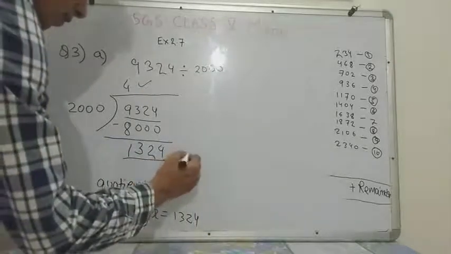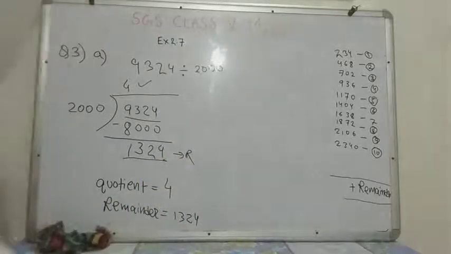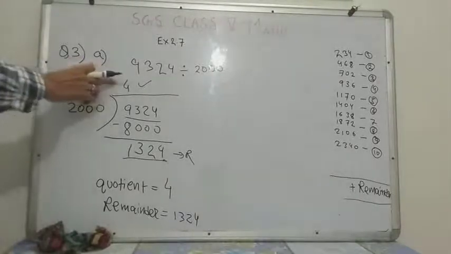This is called remainder. Okay, learn which side is called remainder and which part is called quotient. The remaining digits left after the division are called the remainder and this part is called the quotient.